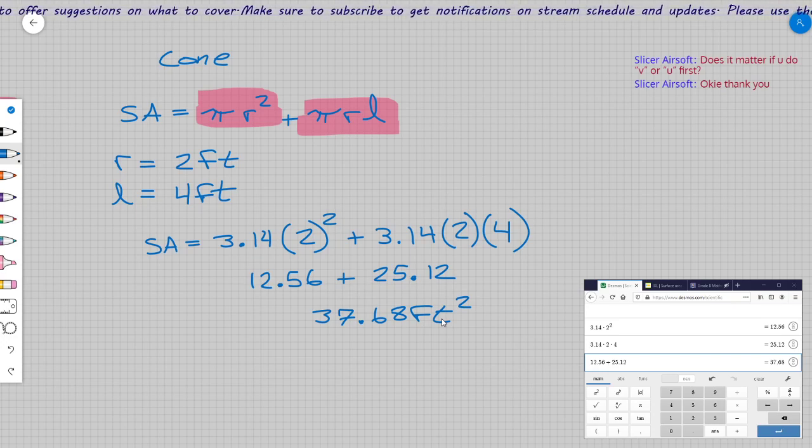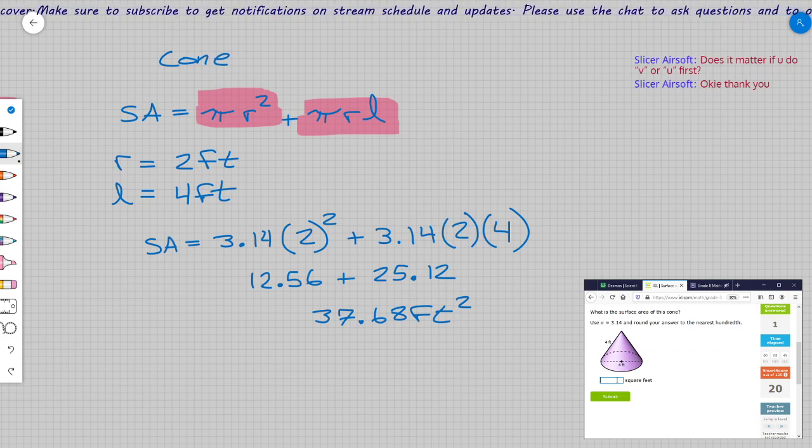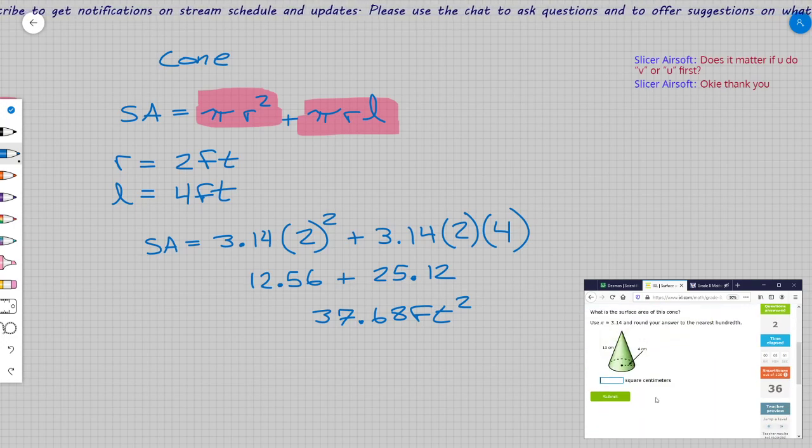Now they wanted us to round to the nearest hundredth, which we already are. The hundredth is the second decimal place. So we can go ahead and just plug that into IXL. We're good to go. Alright, let's do one more and then we're going to jump up a level. So I'm going to erase that real quick.